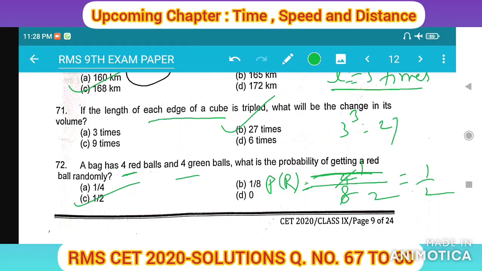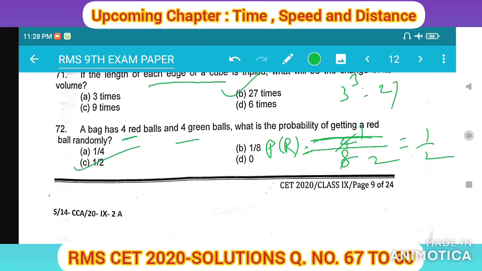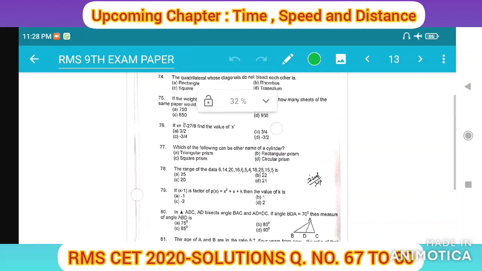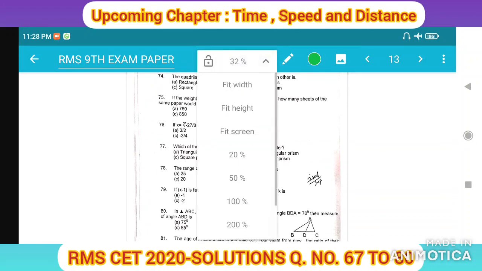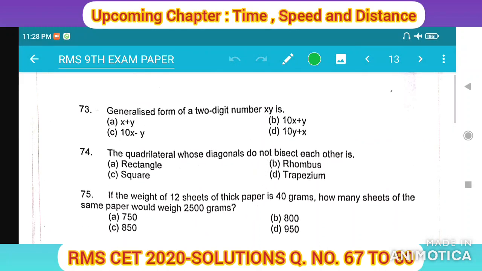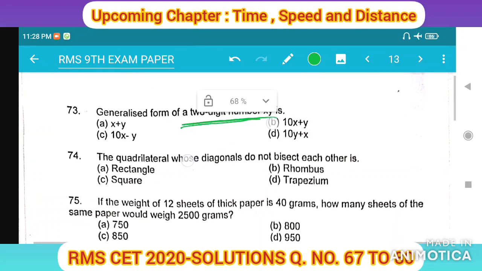Next, 73. Question 1. Generalized form of 2-digit number XY. It's very easy. Now see how I am explaining.